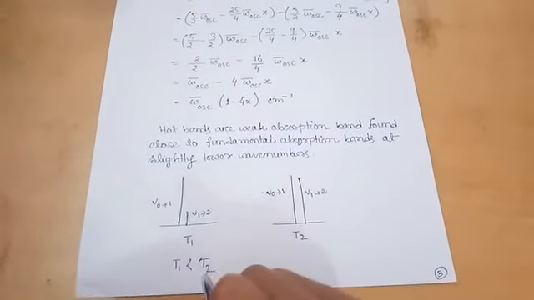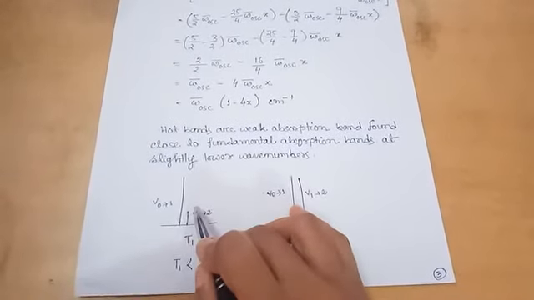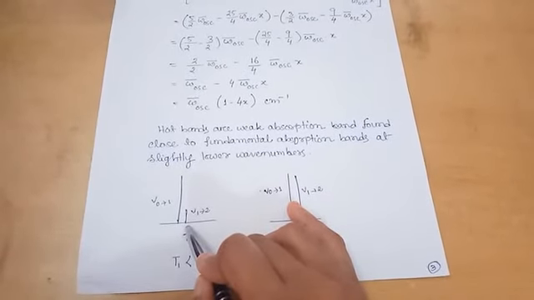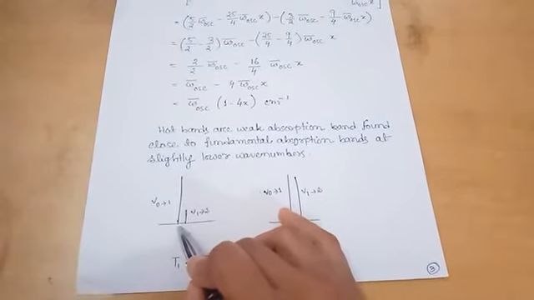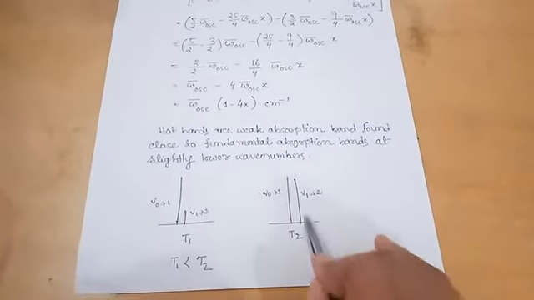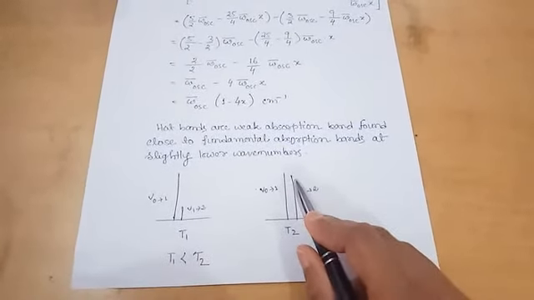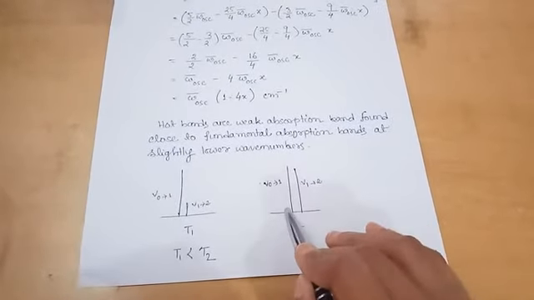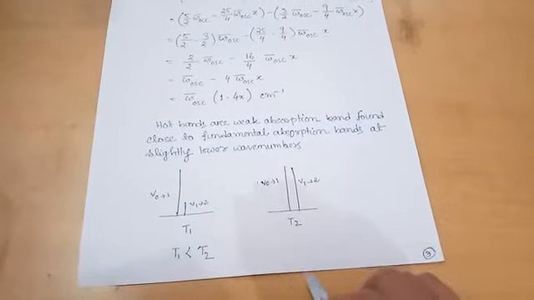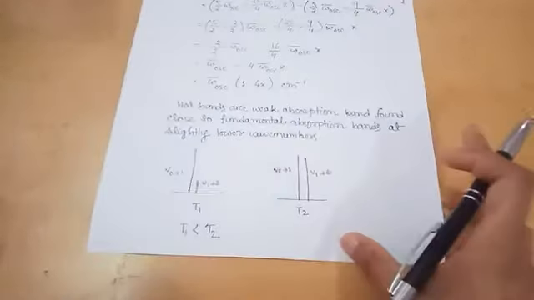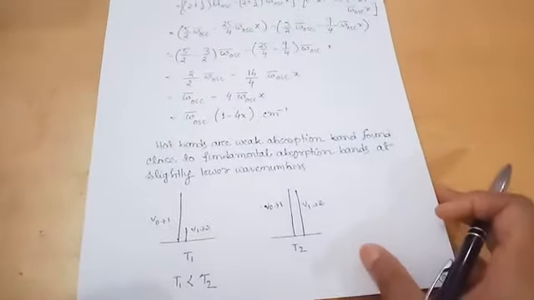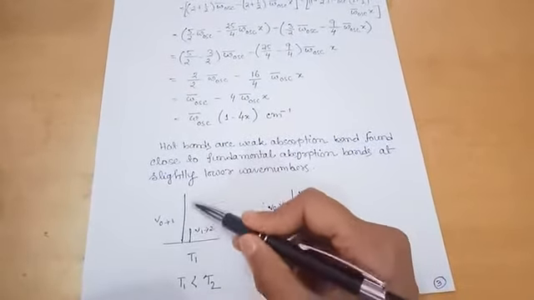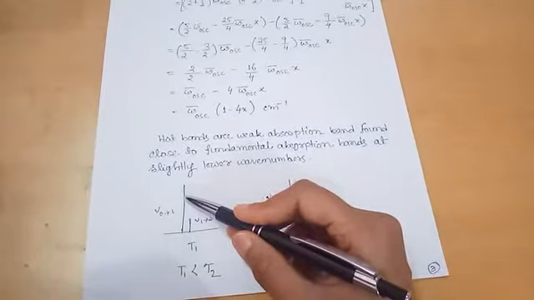At lower temperature, we find that the intensity of the hot band is very small compared to the fundamental band, whereas at higher temperature, the intensity of the hot band is found to be nearly equal to the fundamental band. This might be because at room temperature, most of the population remains at the ground level.